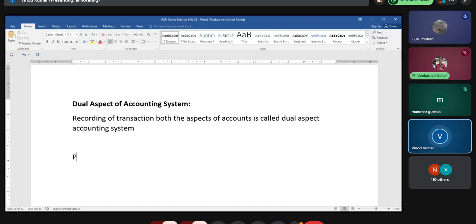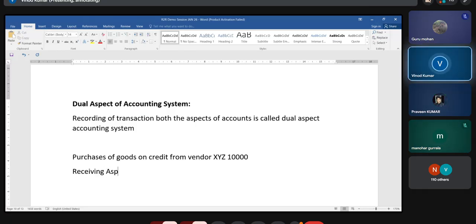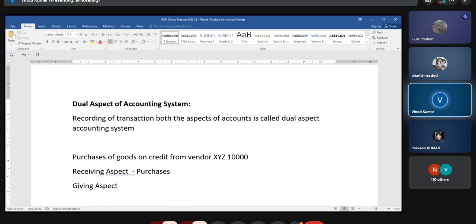Previously, we were recording only one side. Now, take purchase of goods on credit from vendor XYZ, 10,000 rupees. We discussed the two aspects: the receiving aspect is purchases and the giving aspect is the vendor.